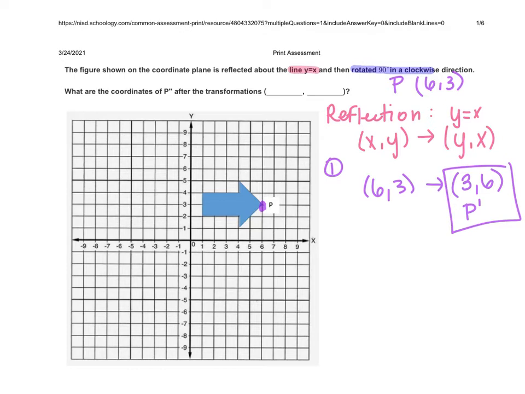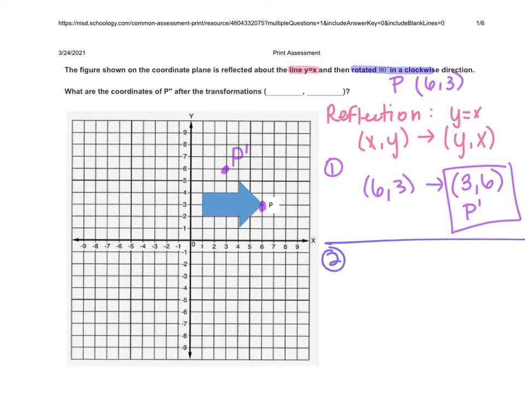So this is p prime, all right? But remember, we are doing 2 different transformations. So we have just done the reflection, so p prime is now at 3, 6, okay, but now we still have to rotate it in a 90 degrees clockwise direction. So let's go ahead and plot our point of p prime, right? So that is 3, 6, which is right here. So p prime. All right, and now let's go ahead and start step 2.